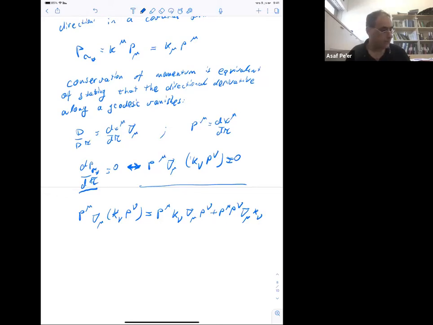Right. Now the geodesic equation, right? P mu nabla mu P nu is equal to 0. Okay, make use of the assumption of the geodesic.